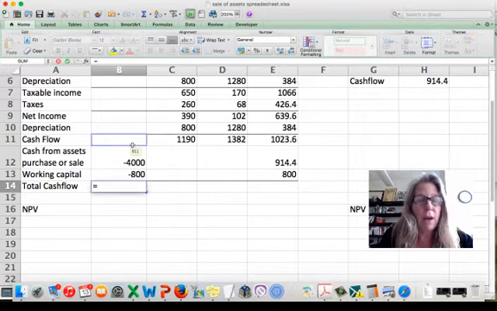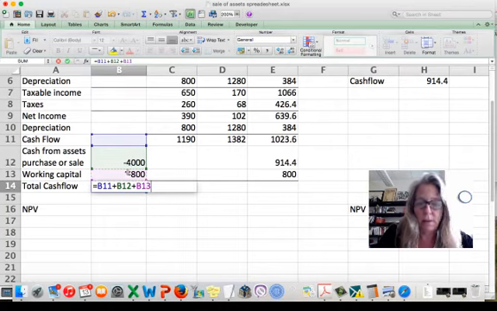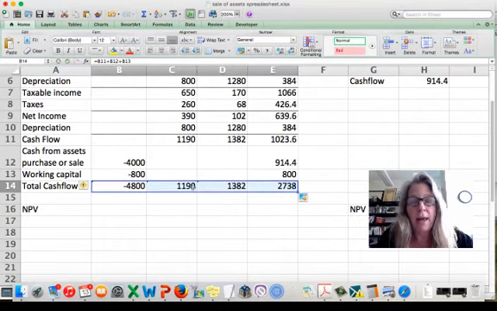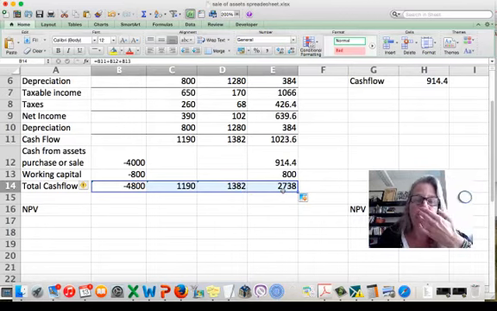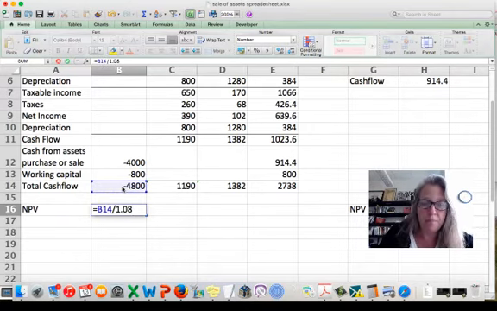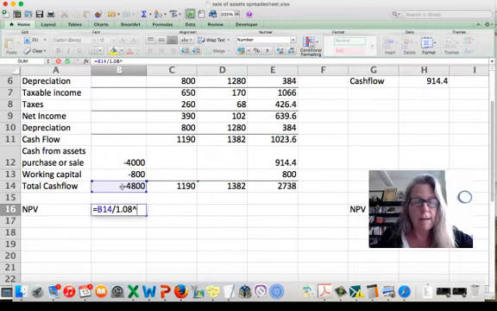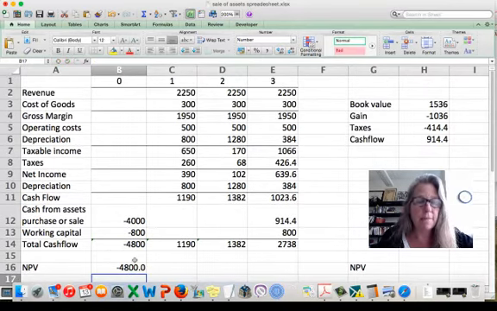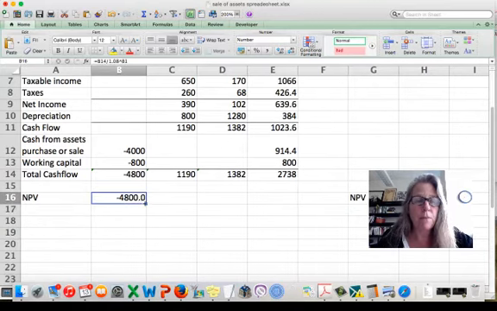So now I'm going to just calculate cash flow. So it's $4,800 negative cash flow, and a couple years a positive, and then this one includes the liquidation of the assets. So now I'm going to go ahead and calculate this back to time period 0, which is that value.